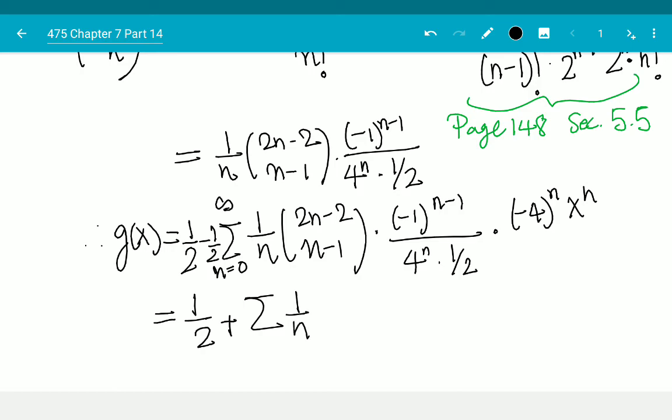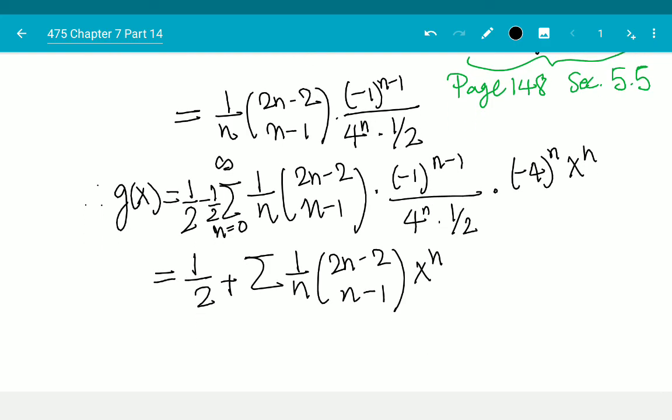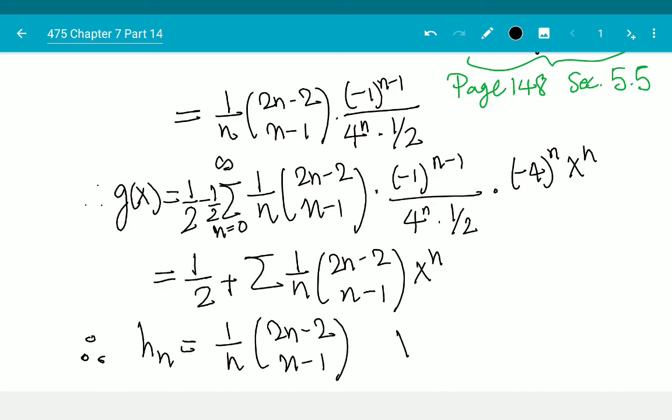Summation 1 over n, (2n minus 2) choose (n minus 1), x to the n, and therefore I get that h of n is equal to 1 over n, (2n minus 2) choose (n minus 1), for every n greater than or equal to 1. Okay, and this is the end of chapter 7.